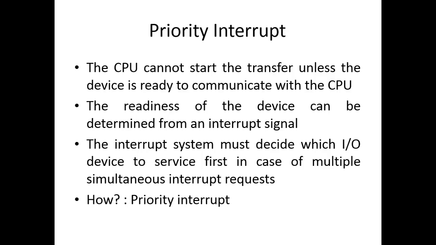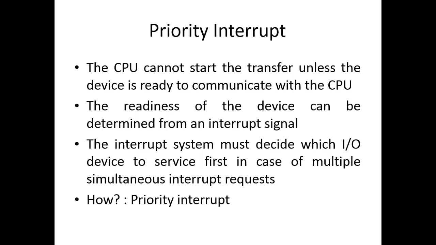But what if the computer, specifically the CPU, is not able to serve all the incoming interrupt requests, I/O requests at the same time? In that case, the CPU has to choose one or more specific devices that should be served depending on the current condition of the computer system.